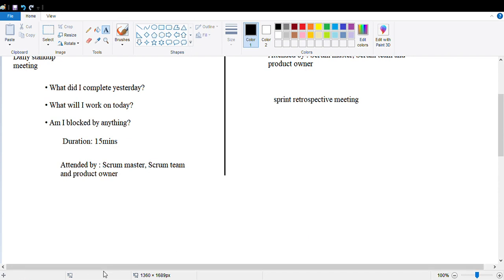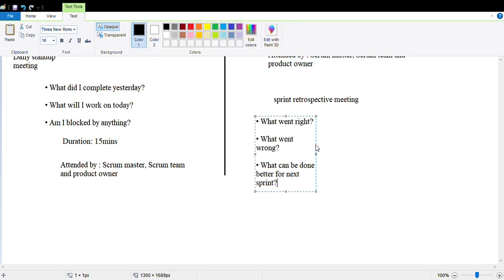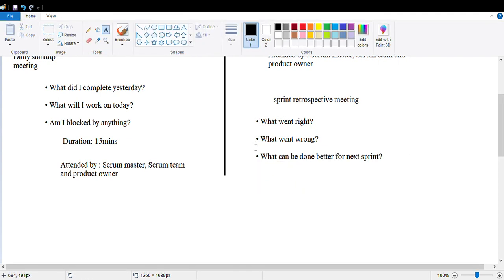The following will be discussed in the sprint retrospective meeting. What went right, what went wrong, and what can be done better for the next sprint. So these are all the things which will be discussed in the sprint retrospective meeting. The time duration for this meeting is 1 hour.